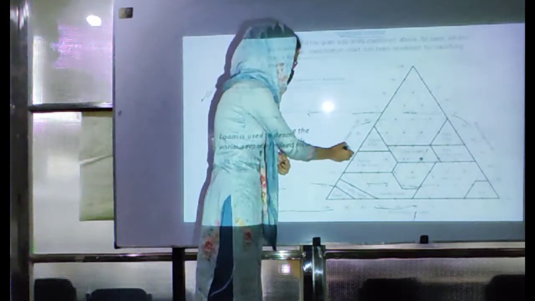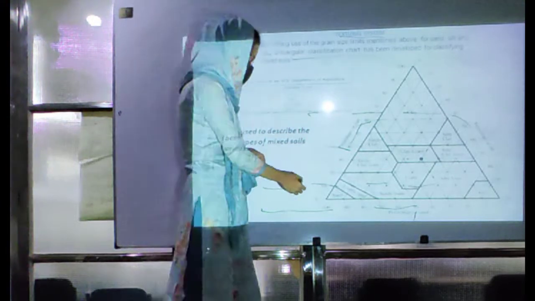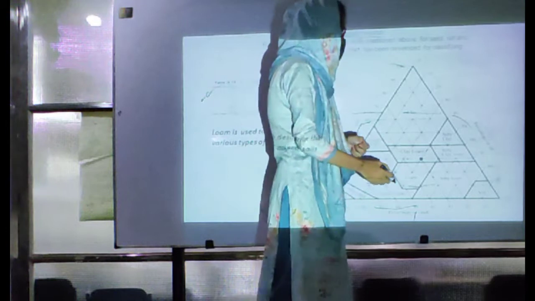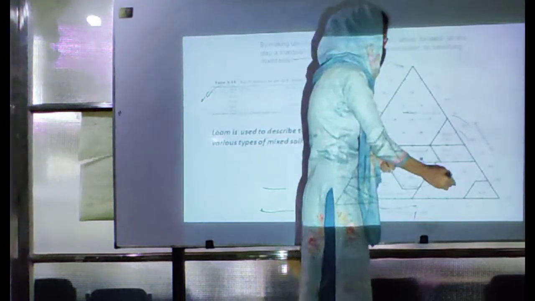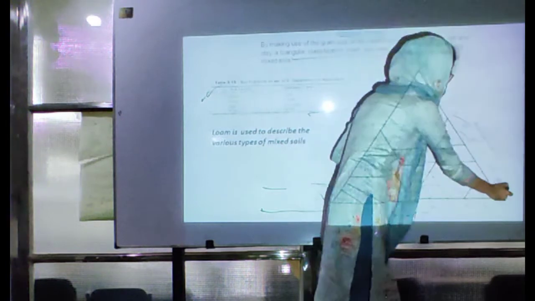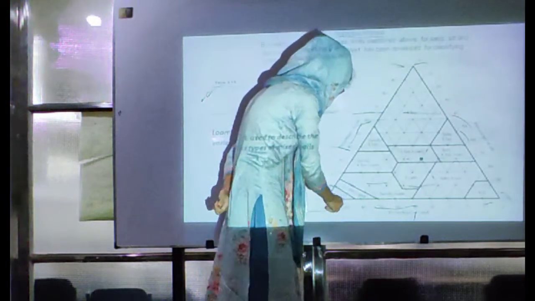The left side of the triangle represents the percentage of clay, which increases from bottom to top, and the right side of the triangle represents silt, which increases from top to bottom, and the bottom represents sand, which increases from right to left.